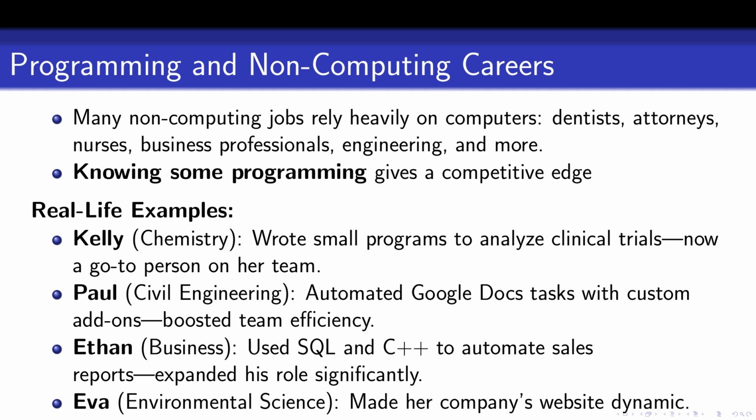Ethan, a business major, picked up SQL and started automating sales reports. Now his responsibilities have expanded beyond his original role. And Eva, who majored in environmental science, used her coding skills to make her company's website interactive, all based on what she voluntarily learned in college. These stories show that programming isn't just for software engineers.